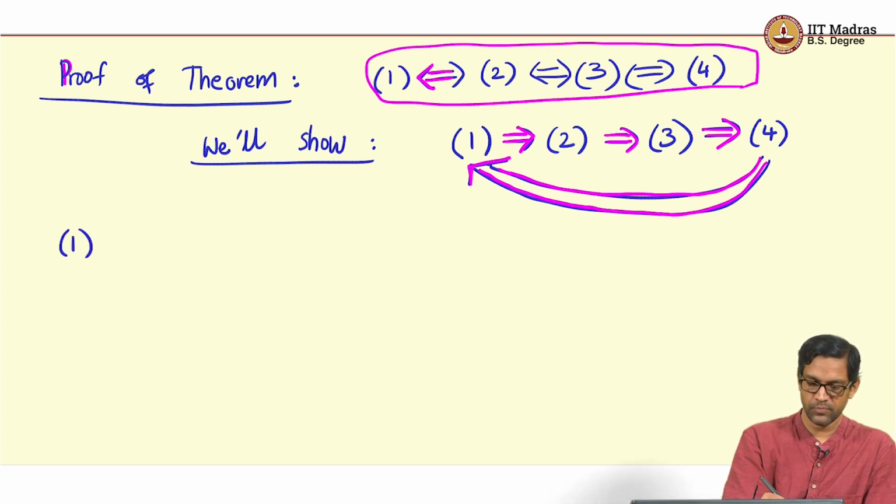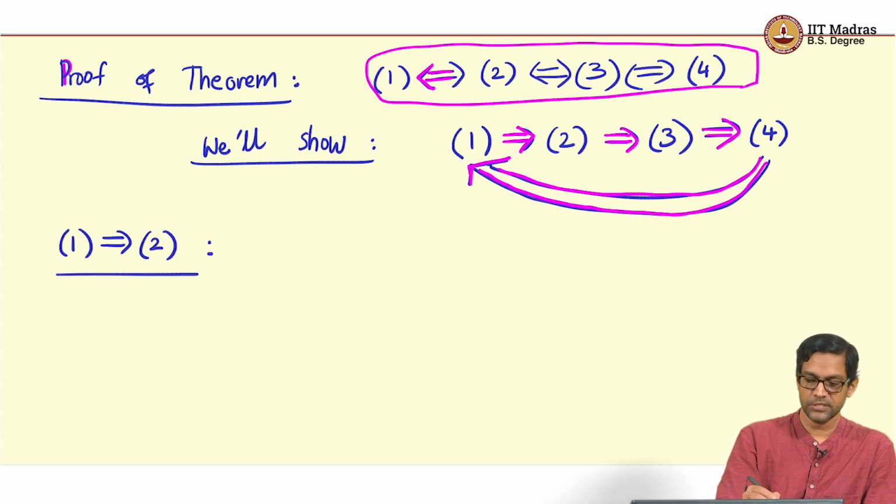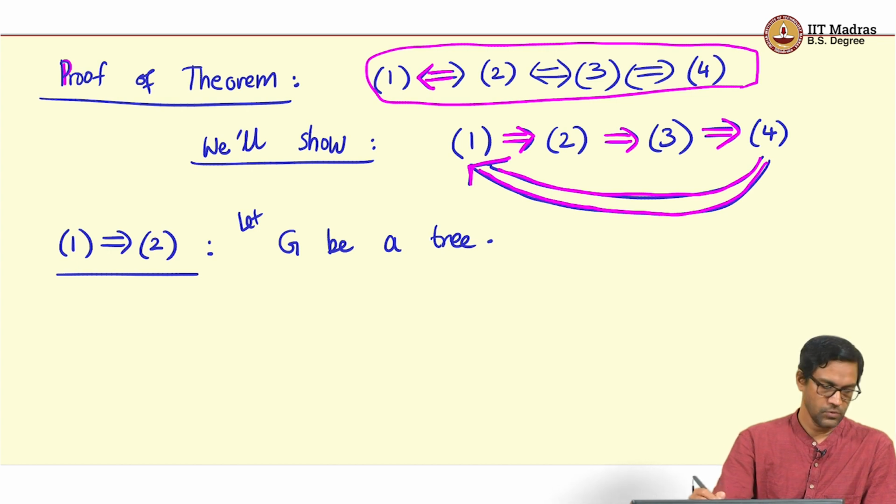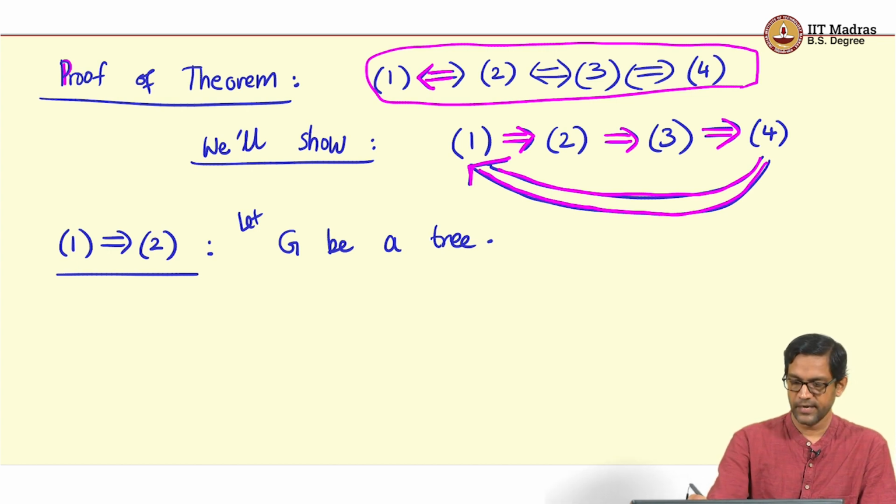So let's first prove that if G is a tree, that's statement 1, then there exists a unique path joining any two vertices. That was statement 2. So let's assume, remember, tree just means it is a connected and acyclic graph.